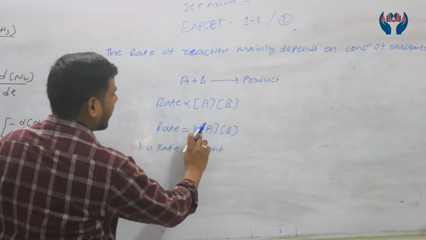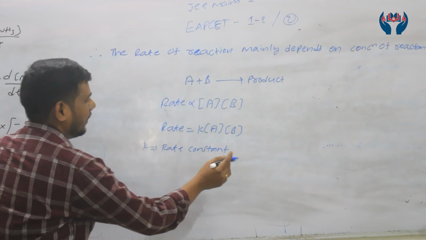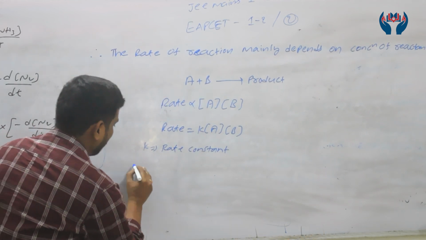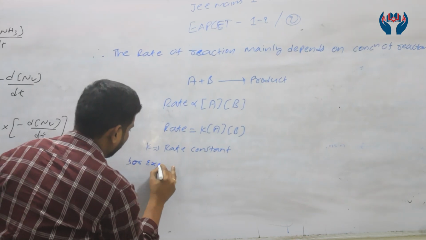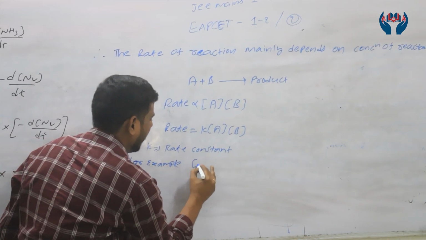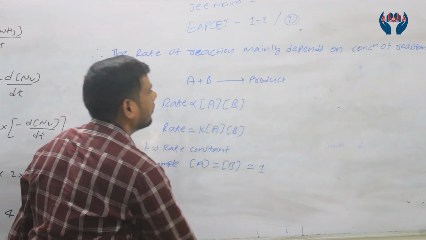When the concentrations of reactants are unity, at that time the rate equals the rate constant. For example, A and B are both at concentration one.